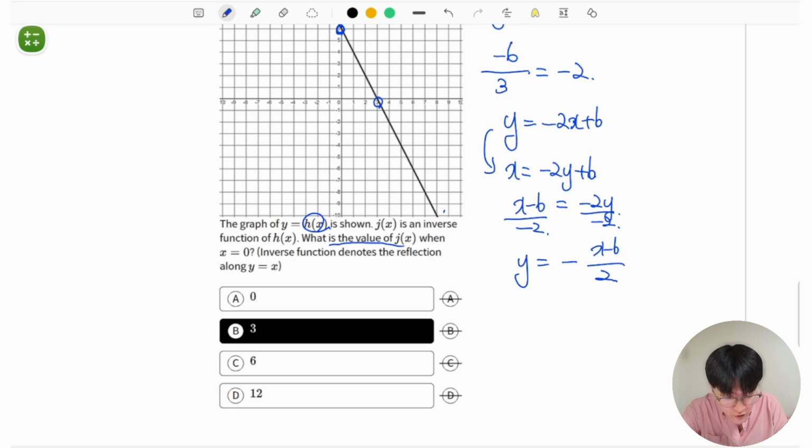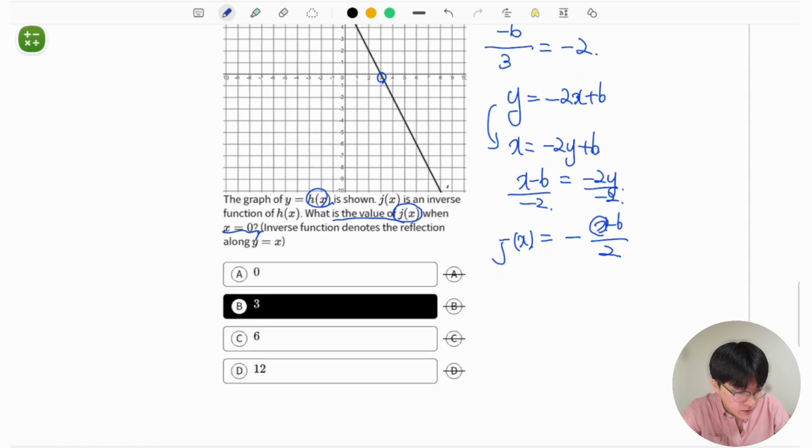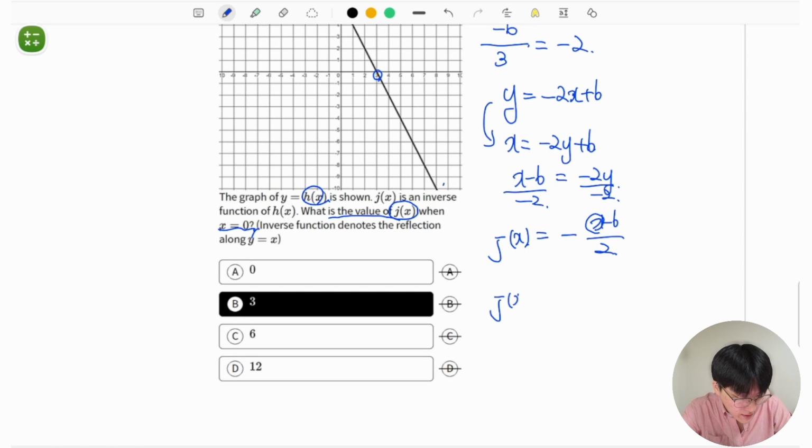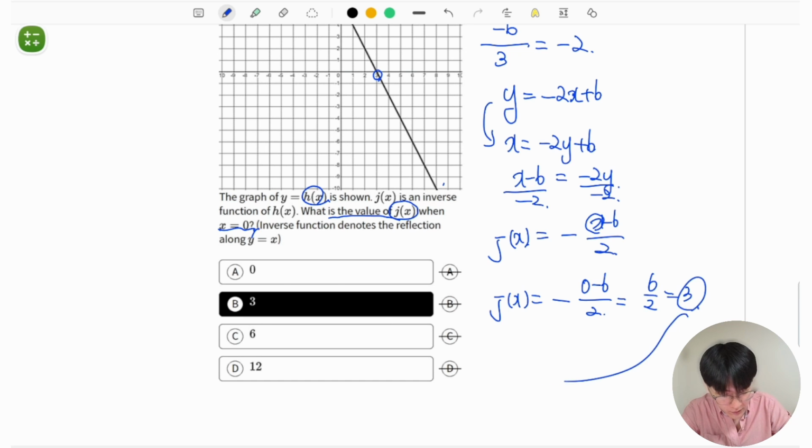And what is the value of j(x), when x is equal to 0? So if I plug in 0 into here, let's see what we get. So j(x) is equal to minus (0 minus 6) divided by 2. And what is this? Minus minus 6, so we get 6 divided by 2, and that is equal to 3, which is our answer.